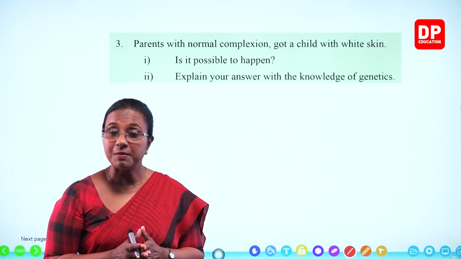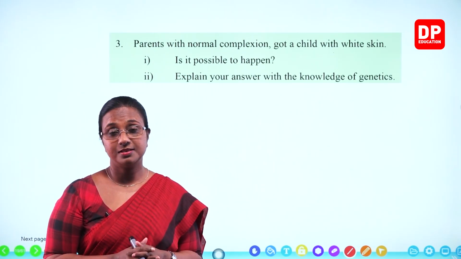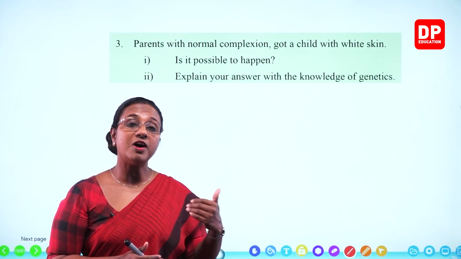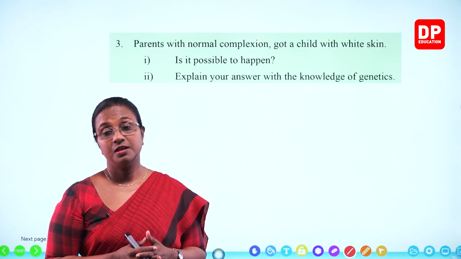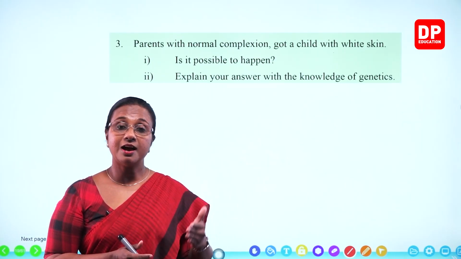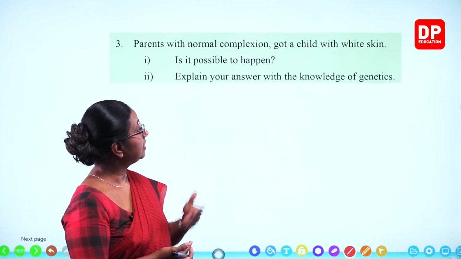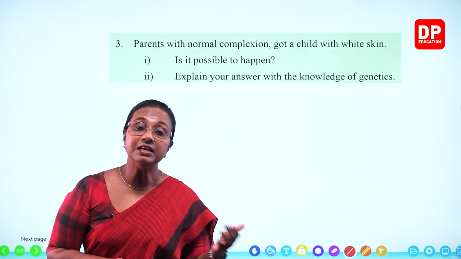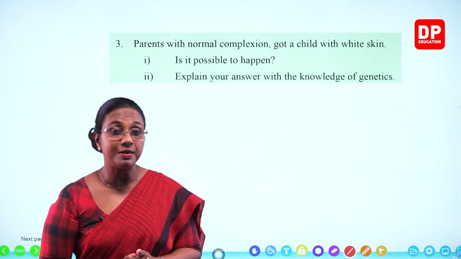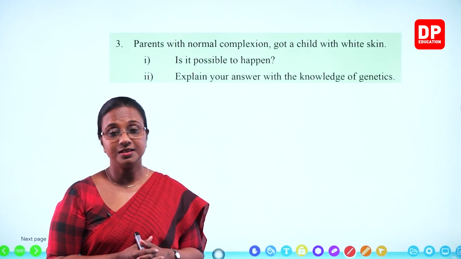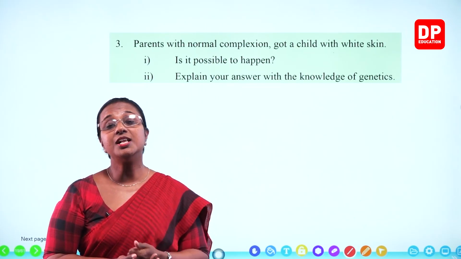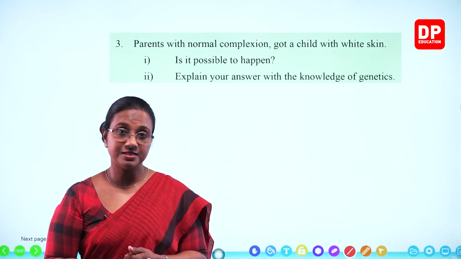Now you all can remember there are some characteristics that don't go from one generation to the other. They skip a generation. There is a possibility that there were people with white skin in the generation of the grandparents, but the parents did not have that characteristic. Again, the children got the same characteristic.